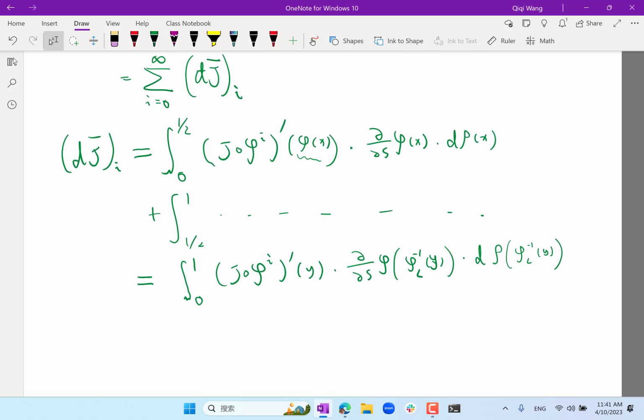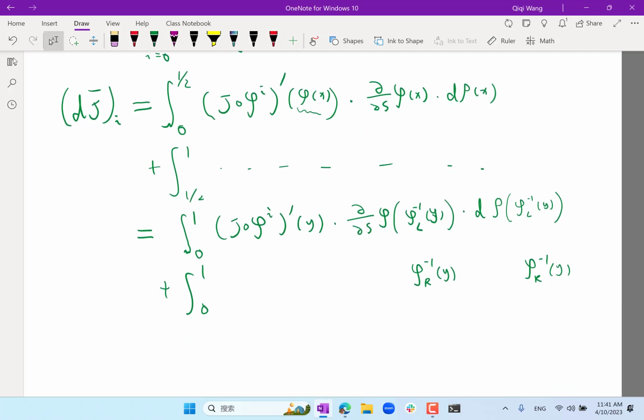And then I plus the same thing, but evaluated at the right branch. So I'm dividing the whole domain into two parts, and in each part I do have an inverse function. Now I can really start the integration by parts.